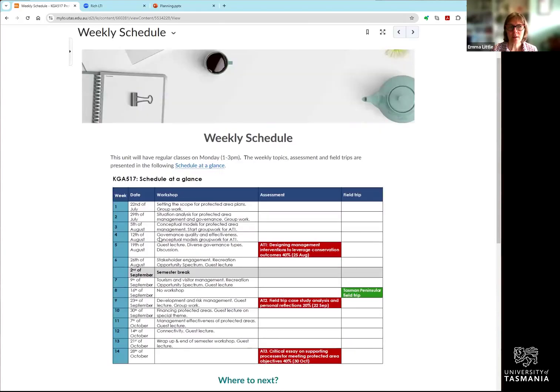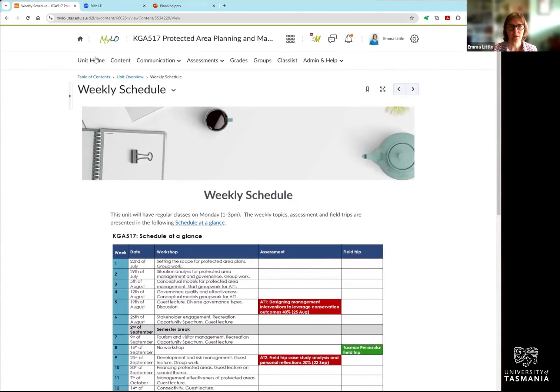So it has quite a different focus, more on management, less on the rules of the planning system. As with most of our units, there's a field trip and 3 assessments.